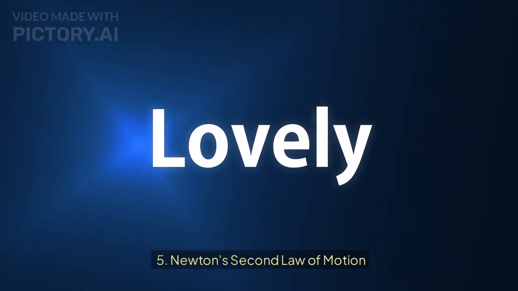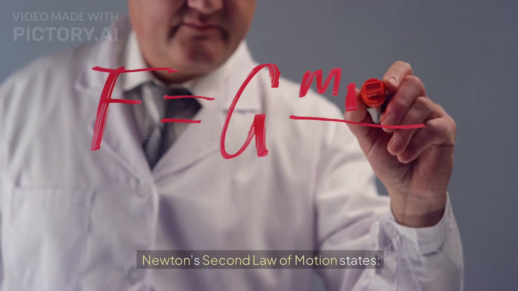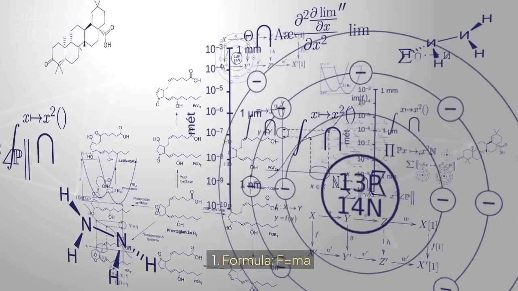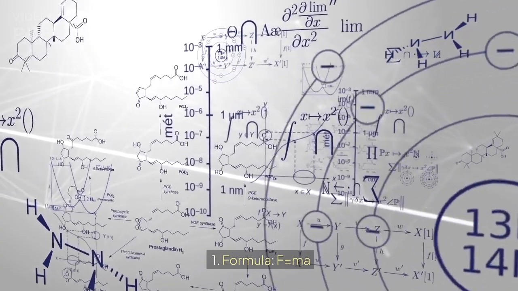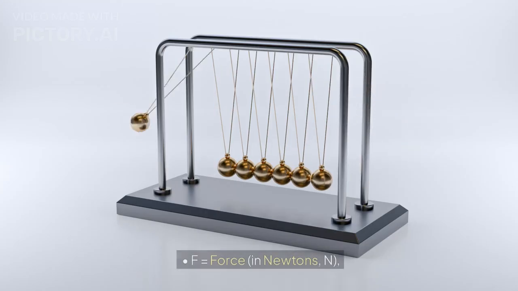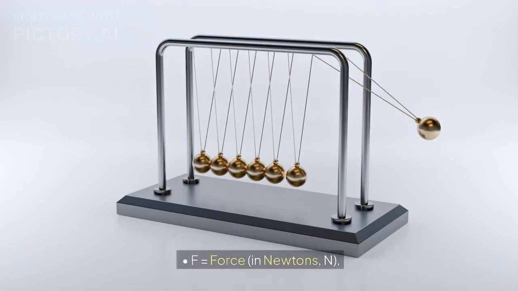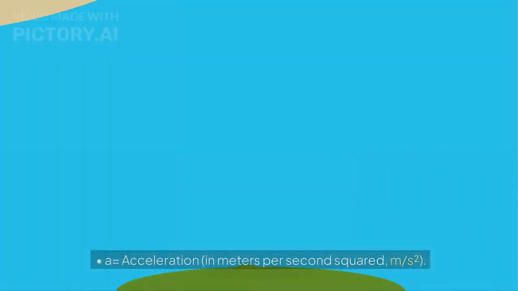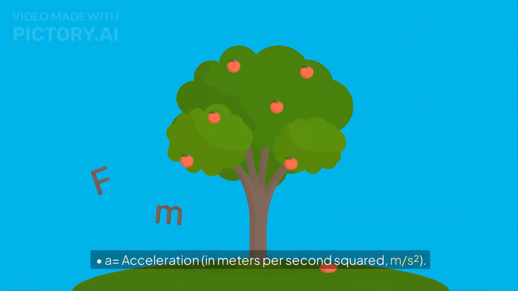5. Newton's second law of motion. Formula: F equals ma, where F equals force in newtons, N, m equals mass in kilograms, kg, and a equals acceleration in meters per second squared, m/s squared.